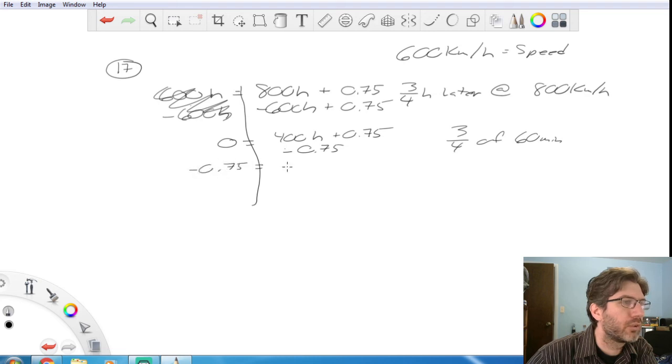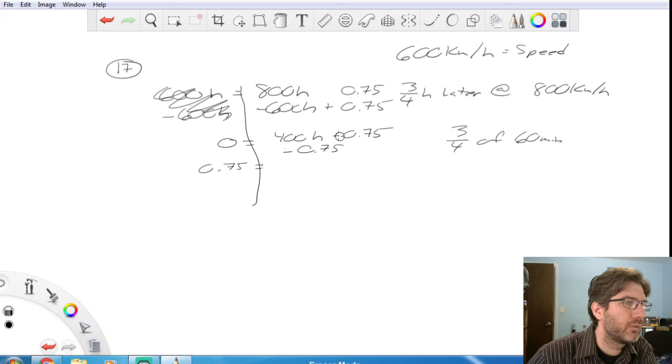This isn't working out either. I might be reading this wrong. This might be minus 3/4. Because that's going to make better sense, I think. I also feel like I'm reading this problem wrong too, so we'll see what I get.